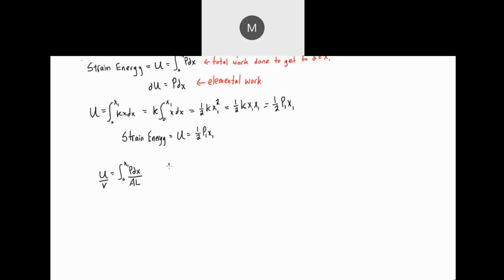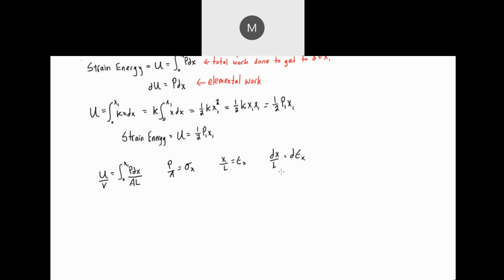We have P over A in this side of the expression, and that's just equal to our normal stress. We also have X over L, which is the normal strain. And if we have dx over L, as we do in this expression, that gives us our little elemental strain.